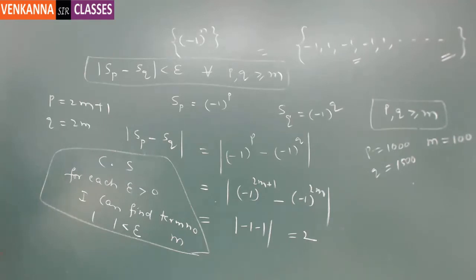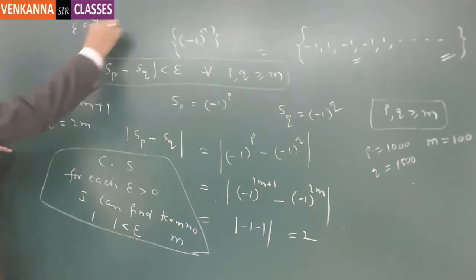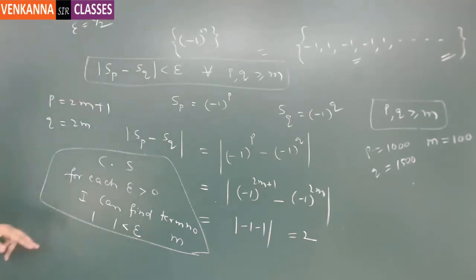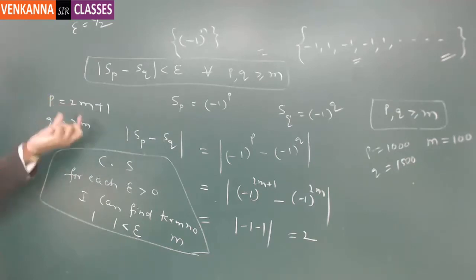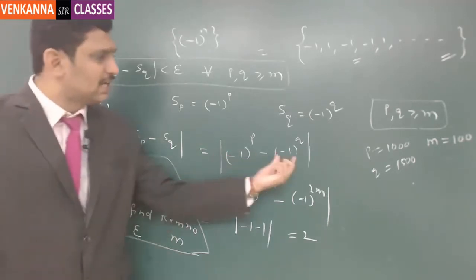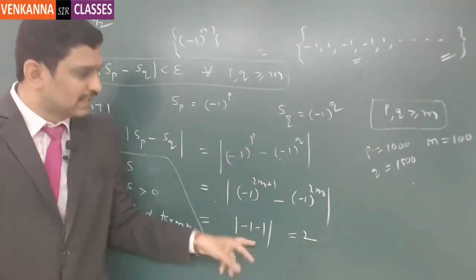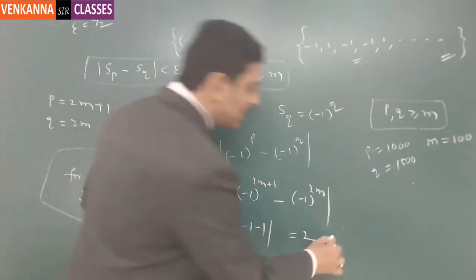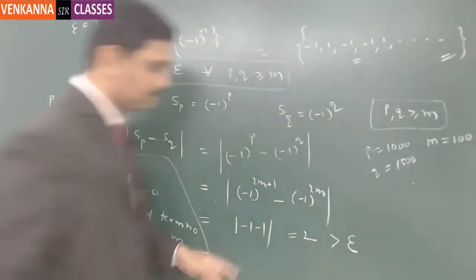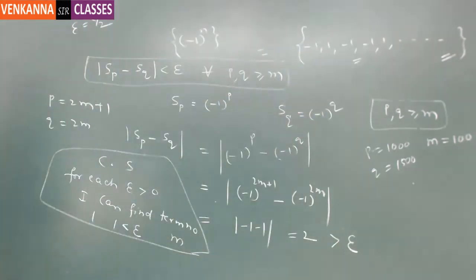That is the idea. So what happens if I take epsilon equal to 1 by 2? Here I have taken two term numbers: one term number is 2m, another is 2m plus 1. I have calculated the difference between the sequence values. It is equal to 2, so it is greater than epsilon. Accepted?